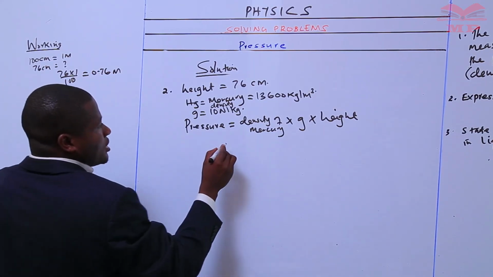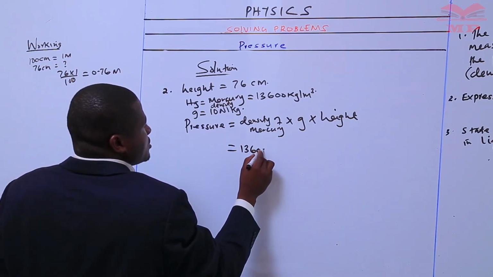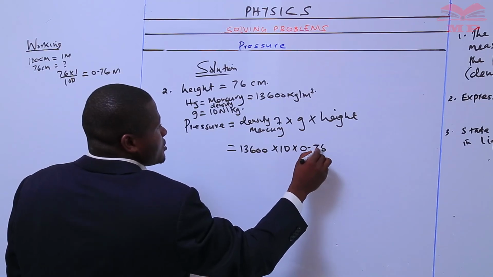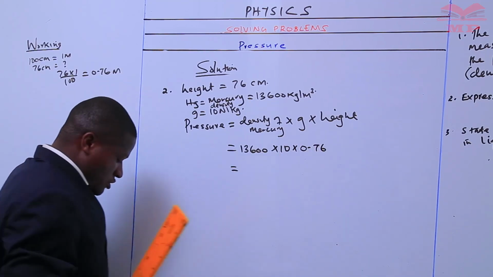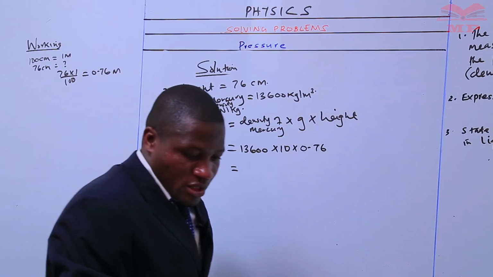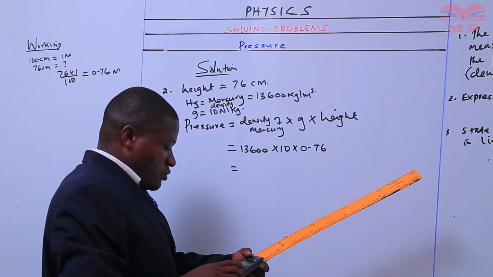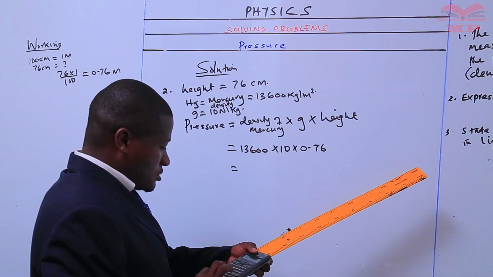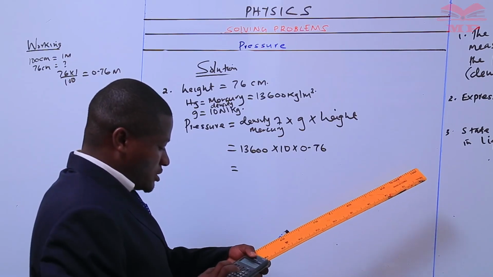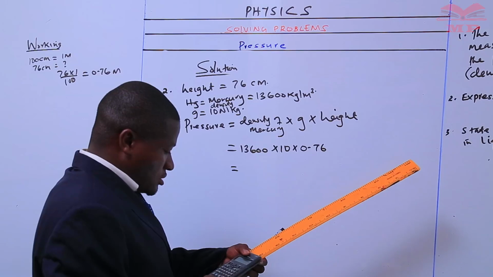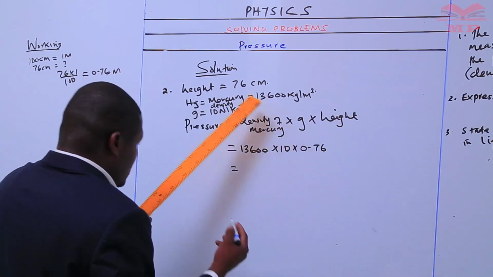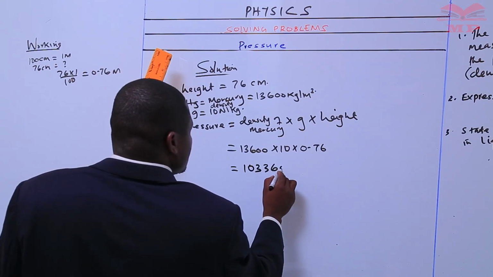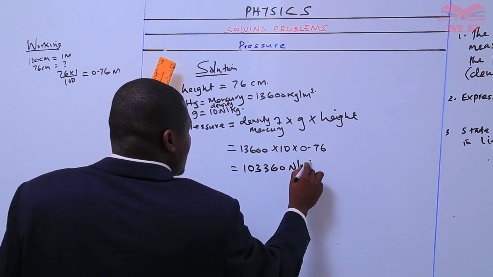So we substitute here. We have 13,600 times 10 times 0.76. When I multiply using my calculator, this gives me 103,360 Newton per meter squared.